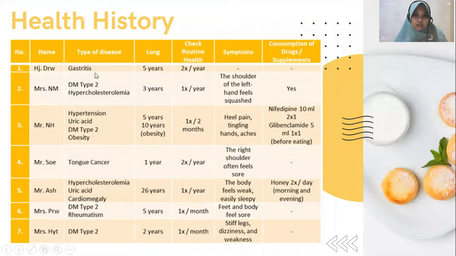As we see in the table, all of the subjects have non-communicable diseases like diabetes mellitus, hypercholesterolemia, uric acid, and hypertension. And some of the subjects consume drugs and supplements.